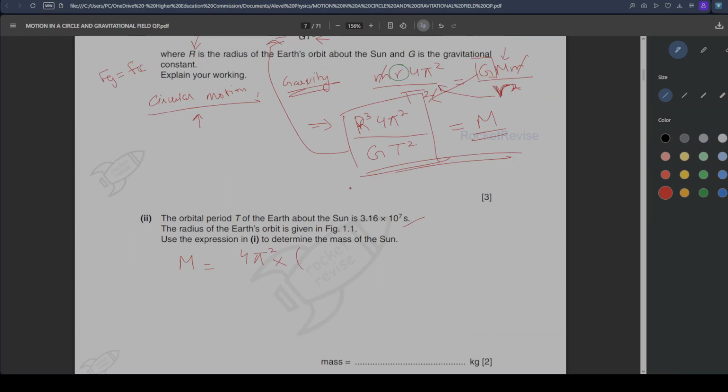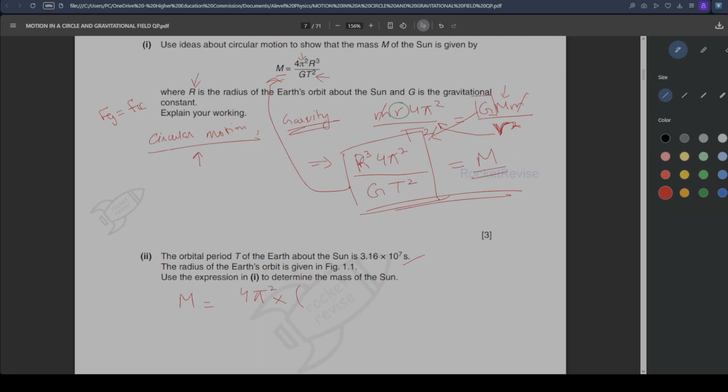So that's going to be 1.5 into 10 power 11, and we're not going to forget the cube over here, so that's cubed divided by G, which is the gravitational constant, 6.67 into 10 power minus 11, and that's multiplying with our time period squared.